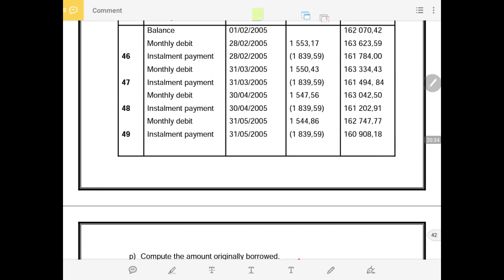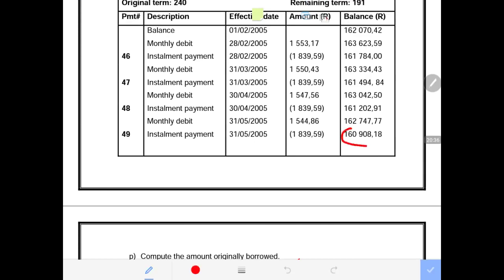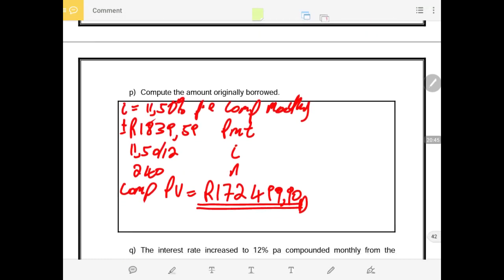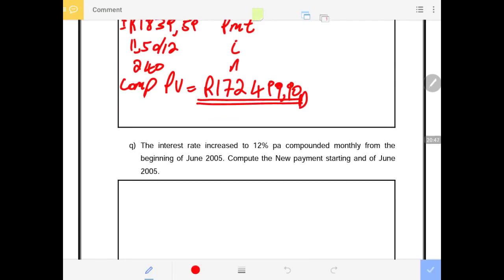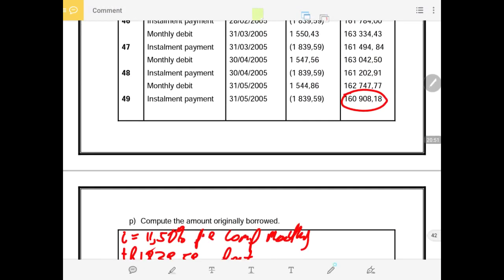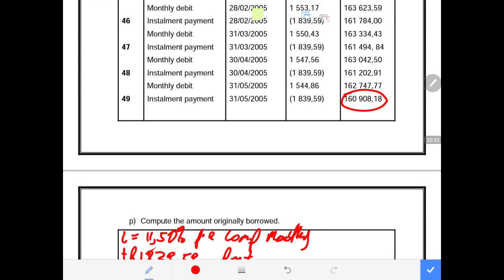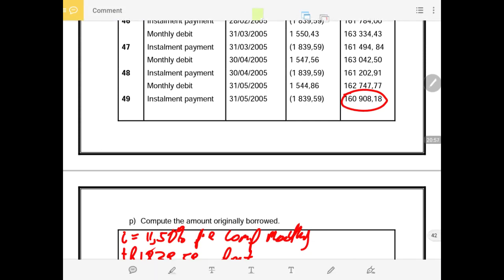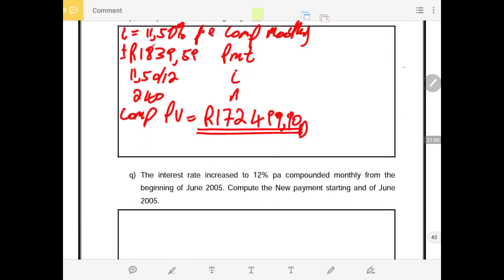So now we can just use this balance to calculate the new payments with the new interest rate. The new payments will be from the 160,908.18, which is the balance at the beginning of June 2005.